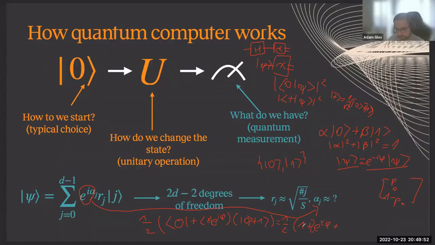So this is the overlap with some state C and plus. Now we are interested in the probability distribution of this.